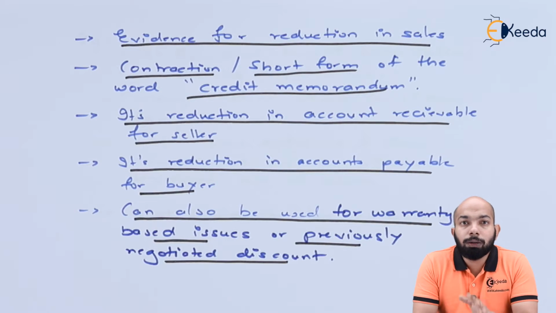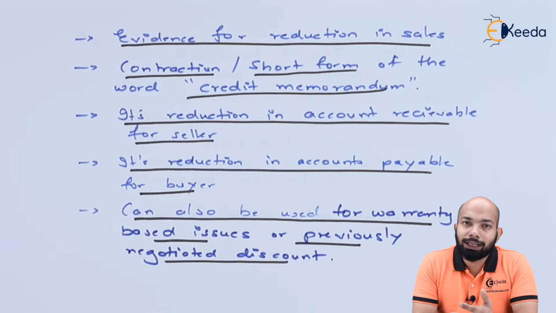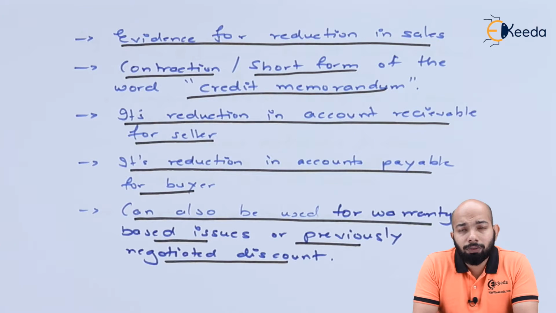So when we talk about previously promised deductions or discounts in the net invoice value, that's when we give out a credit memo. The same thing applies to warranty issues. If there is a warranty which was supposed to be 1 year or more, and there is a breach of the warranty, or the warranty was not honored for the required period, in such cases we can also give out a credit note.